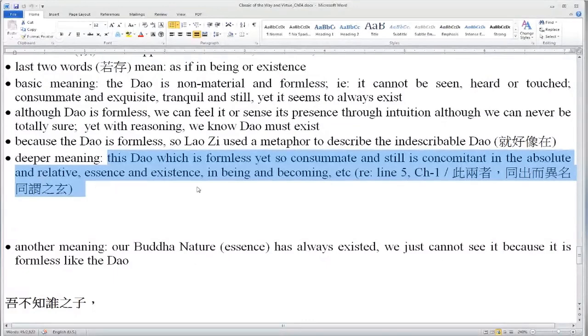So existence and essence, and existence in being and becoming. That's similar to line 5 in chapter 1, so you guys can look at it.